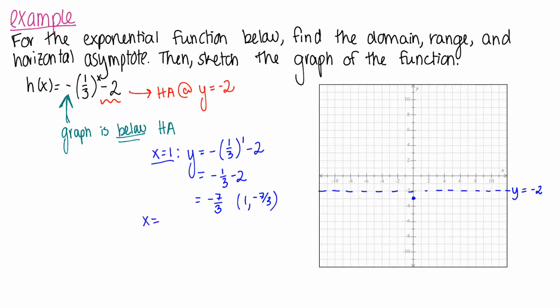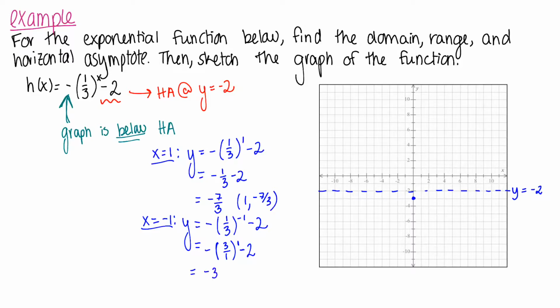But if you did x equals negative 1 instead, you would have y equals negative 1/3 raised to the negative 1 minus 2. If you raise 1/3 to the negative 1, that's the same as just flipping the fraction, its reciprocal, and then changing that exponent to a positive.